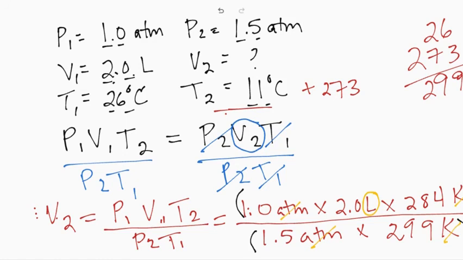And the answer on my calculator is 1.266. So I am going to round that to 2 sig figs, and it would be 1.3 liters, and that's my final answer.